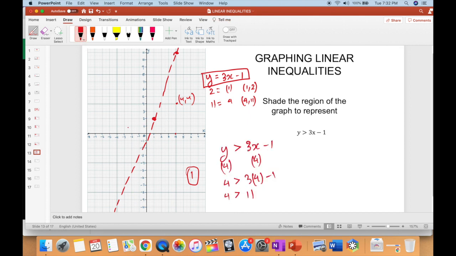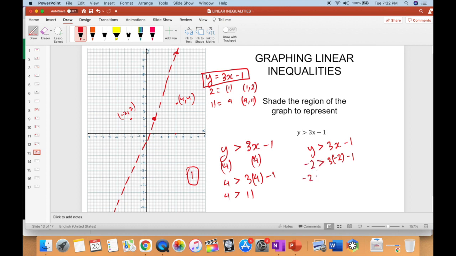So let's choose a point in region 2. Let's choose this point here, negative 2 on the x and 2 on the y. Negative 2, 2. So let's put that point in. Y is greater than 3x minus 1. So I'll put negative 2 on the x, and 2 on the y.